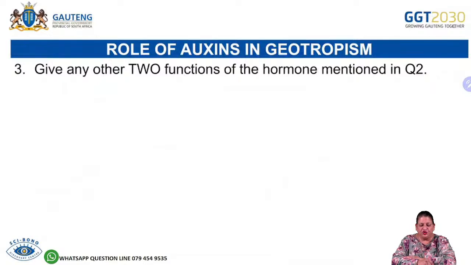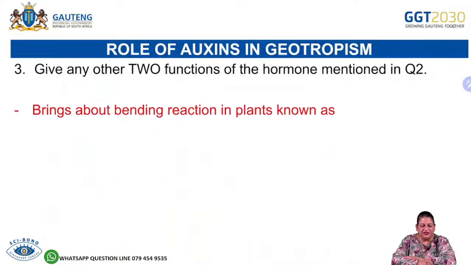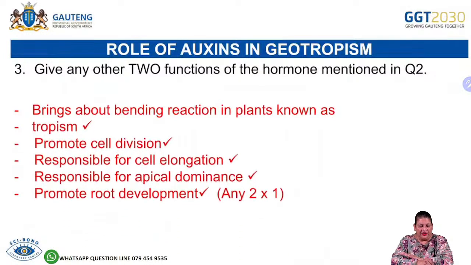Give any other two functions of hormones mentioned in question 2. And the functions are, what do auxins do? It brings about the bending of plants, right? It brings about tropic movements. That means movement of the root towards gravity, movement of the stem towards light. It brings about cell division, so the plants can, more cells, more growth. It causes the plants to elongate, so the plants can grow tall.